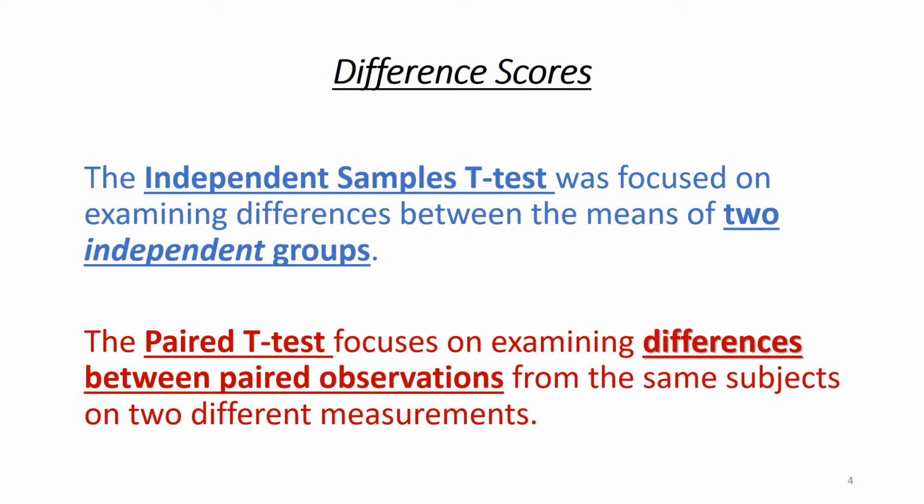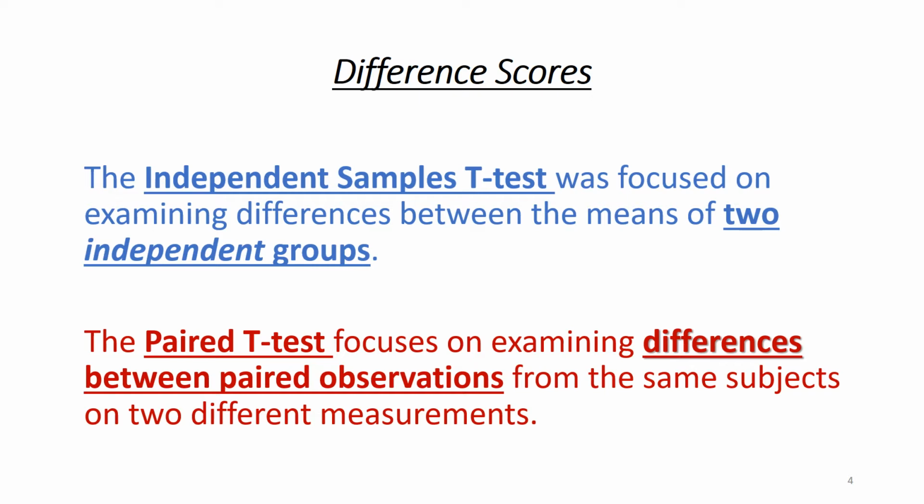The paired t-test, though, the statistical behind the scenes work assumes that there is an association between the two quote unquote groups. So the paired t-test focuses on examining differences between paired observations from the same subjects on two different measurements.